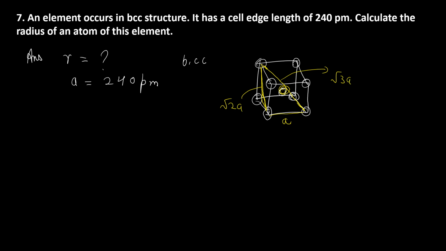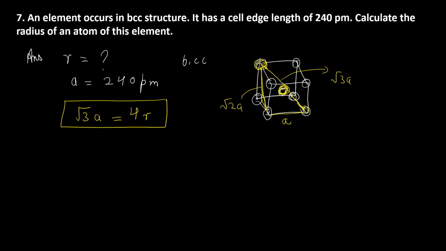And since these three atoms, this one, this one which is inside the body, and this one, all lie in one line, root 3A would be equal to 4R. So this is the formula you have to use. Now substitute the values which are given to you. In this particular question, there is no need to convert into centimeter. The answer will also come out in picometer.